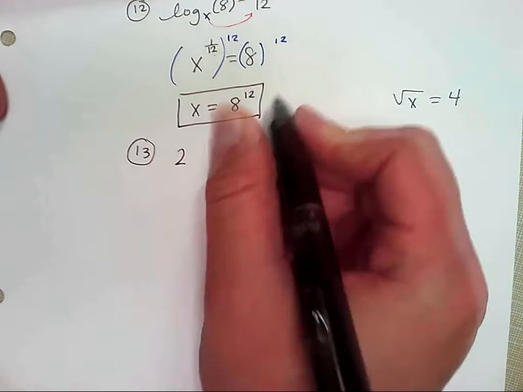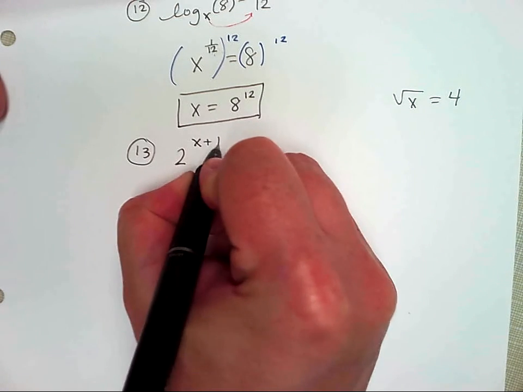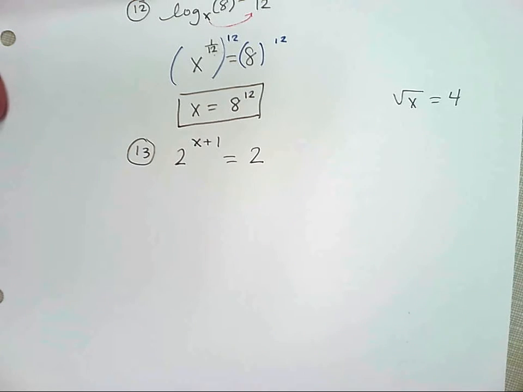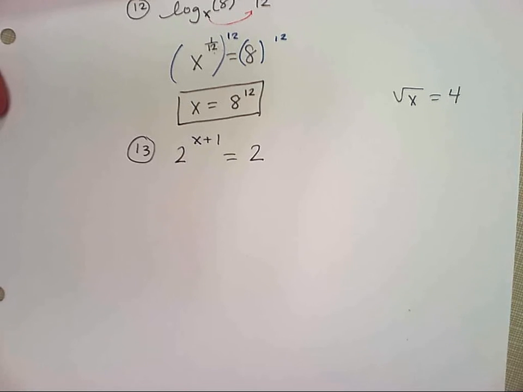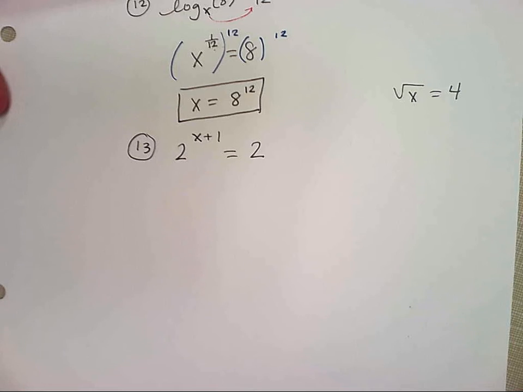Let me do a little intermediate. So solve for x. So how do I solve if my variable's in my exponent? Take the logarithm. Always take the log. And why is that, Reese?